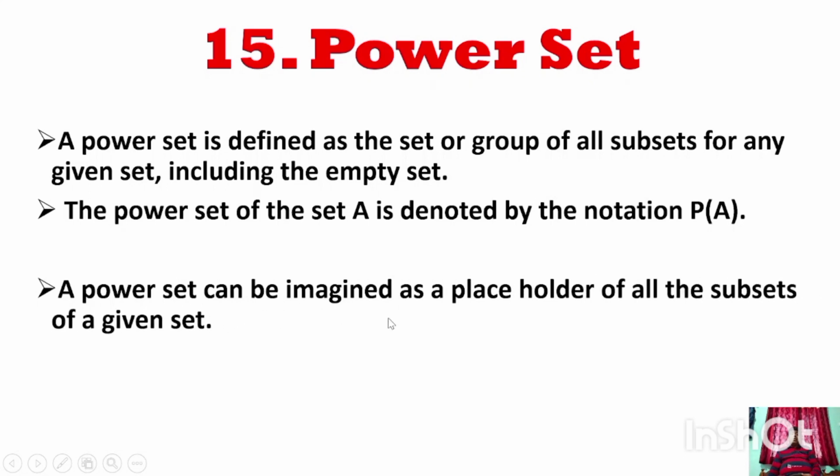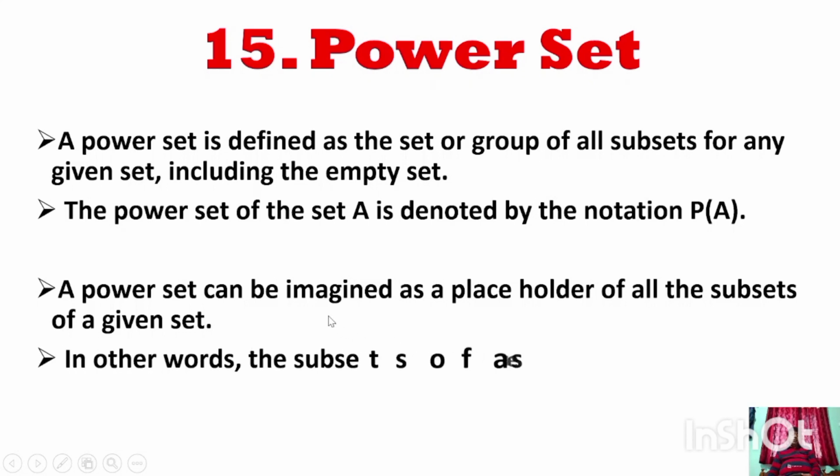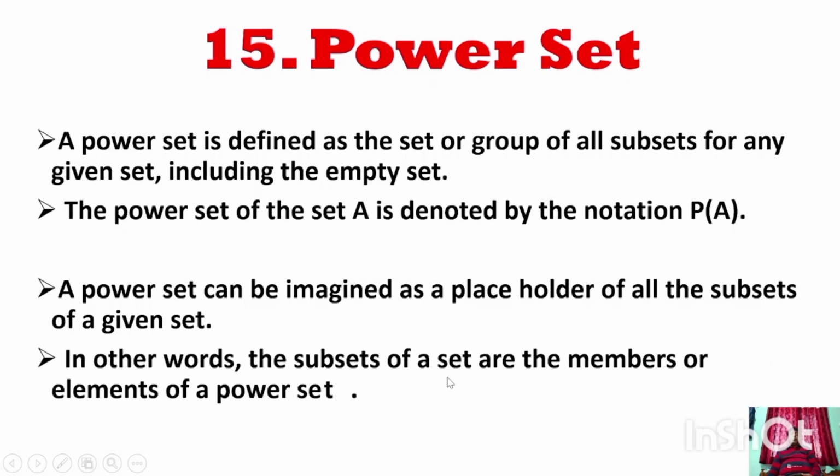A power set can be imagined as a placeholder of all subsets of a given set. So if the set is given, we have to find the number of subsets, and all the subsets can be taken as elements. I have to write them in another set. That set is known as the power set. In other words, the subsets of the set are the members of the power set.